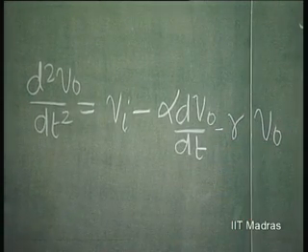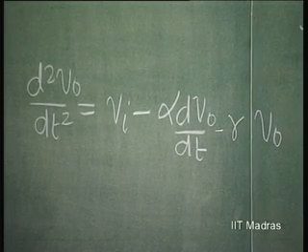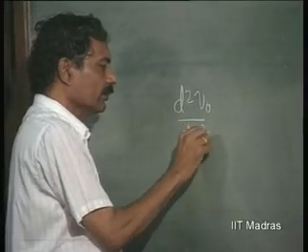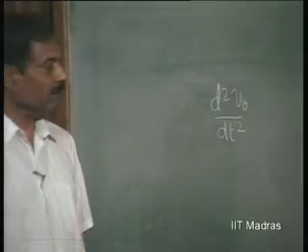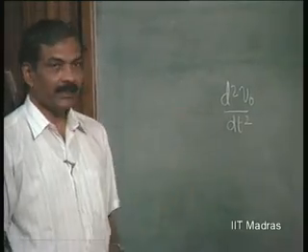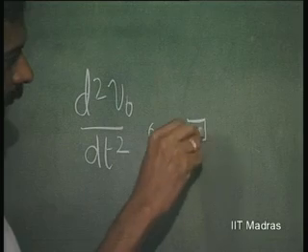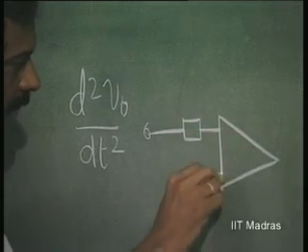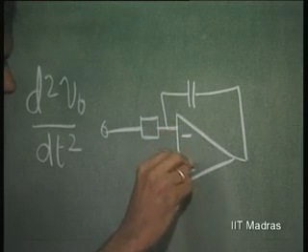So, what we start with is, let us assume that d squared V naught by dt squared is somehow available to us. Suppose d squared V naught by dt squared is available to you. How will you obtain dV naught by dt? You will integrate it once. So, I put an integrator here.